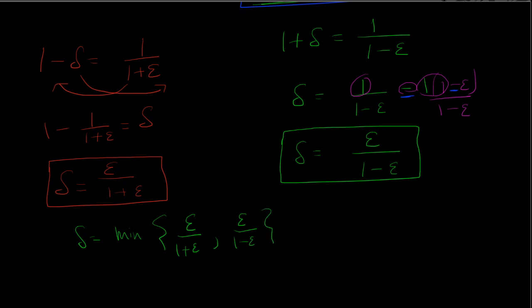Because the numerators are the same, you look at the denominator. 1 plus epsilon is bigger than 1 minus epsilon. So the bigger the denominator, the smaller the number is. So epsilon over 1 plus epsilon is the delta that we need.